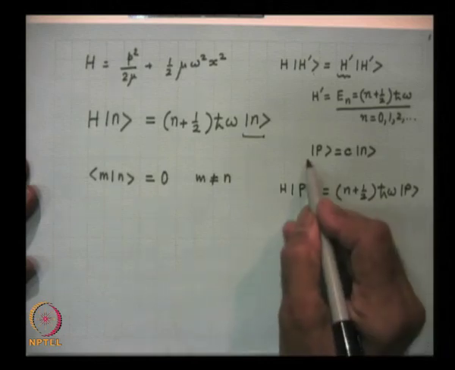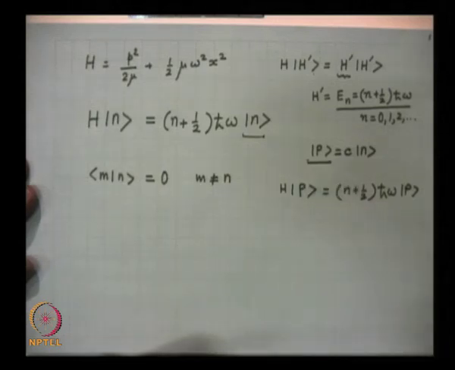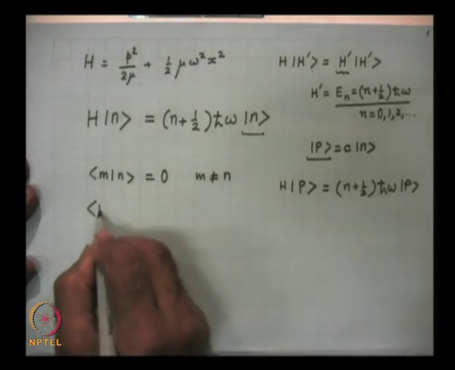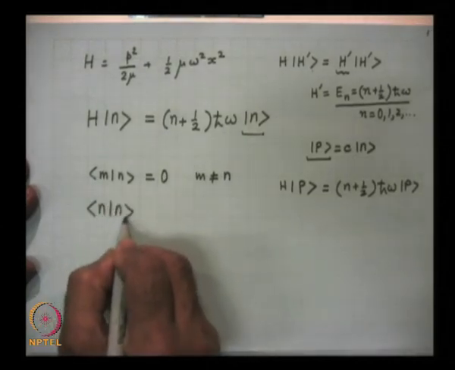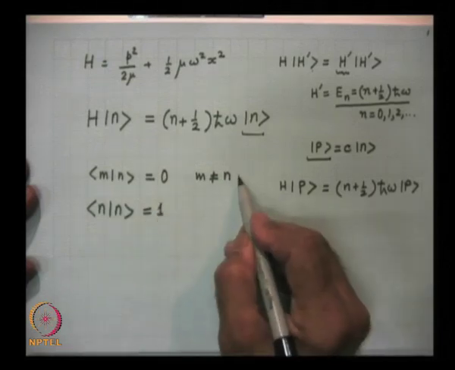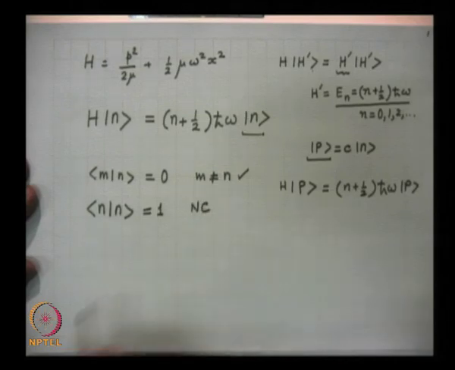So, the eigenkets are determined within a multiplicative constant, and we choose the multiplicative constant such that they are normalized. So, this is the orthogonality condition and this is the normalization condition.